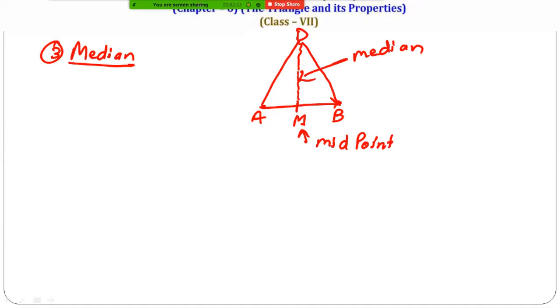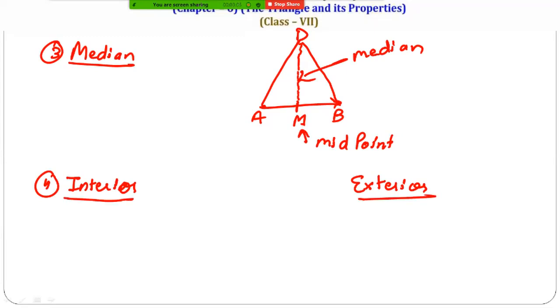And the fourth term is interior and exterior. The terms which are involved inside the triangle are called to be interior. Suppose there are three angles, that is X, Y, Z, then all the three angles are interior. जो एंगल अंदर हो गए, that is X, Y, Z, that type of angles are your interior.